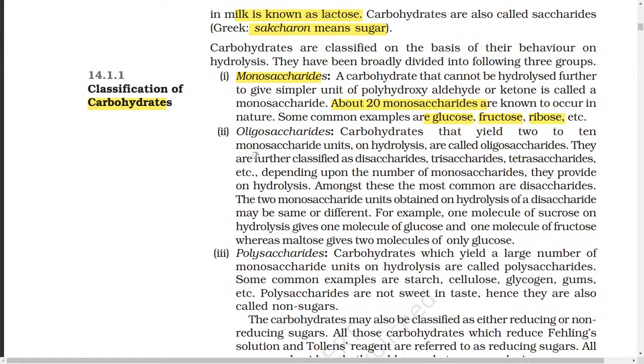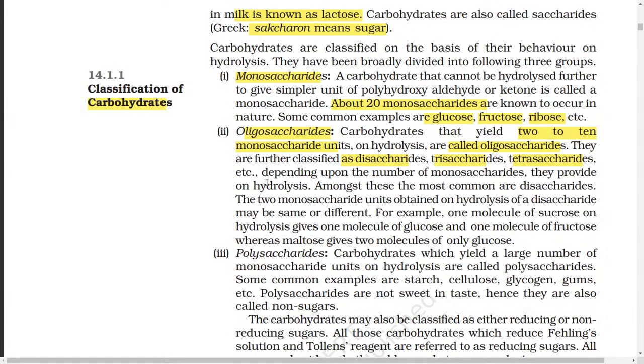These are monosaccharides. Oligosaccharides: carbohydrates that yield 2 to 10 monosaccharide units on hydrolysis are known as oligosaccharides. They are further classified into disaccharides, trisaccharides, tetrasaccharides, etc., depending upon the number of monosaccharides they provide on hydrolysis.